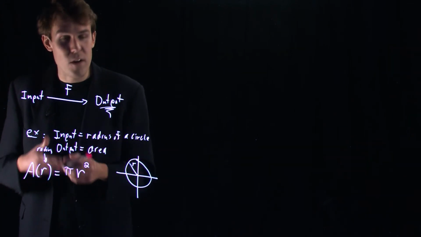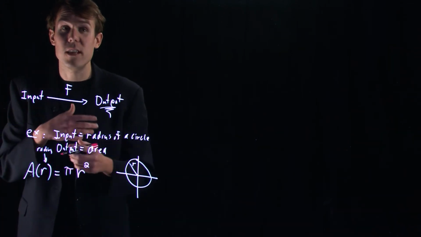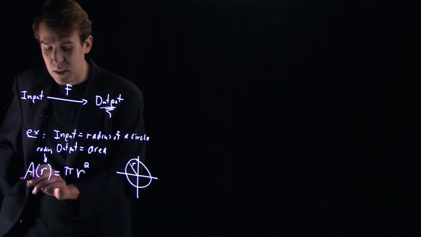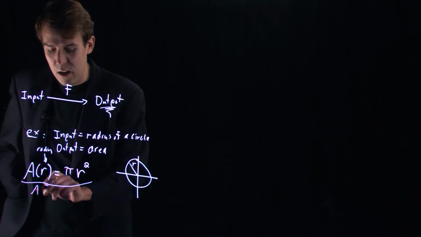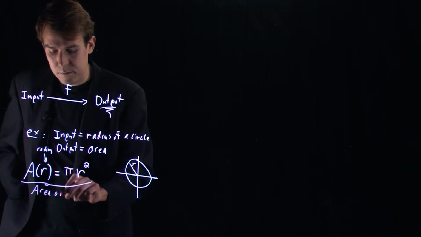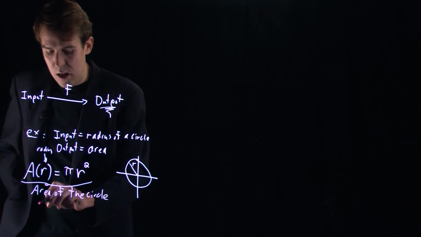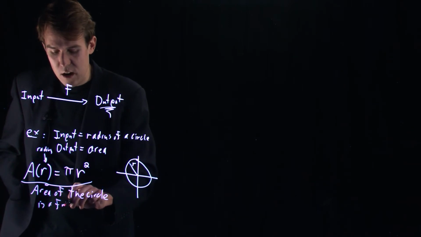So this is one very basic example of using the idea of functions to model relationships. Here I've explicitly made the area of the circle a function of the radius.